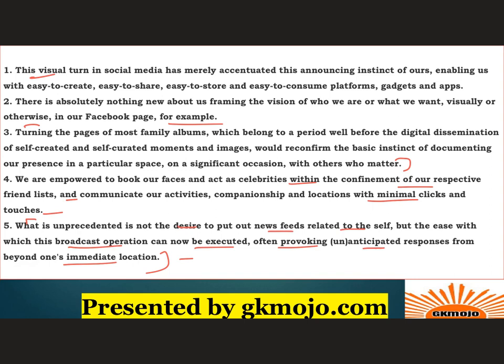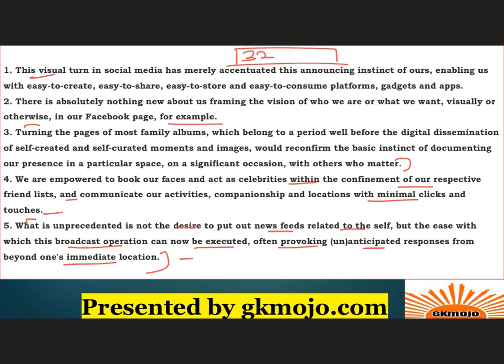So definitely in this question, 3 has to be your best opening sentence, and it leads on to 2 because 2 mentions Facebook as an example for our instinct to document our presence. Right? Read the sentence 2. It presents Facebook as an example for our instinct to document our presence. So it should be 3, 2.